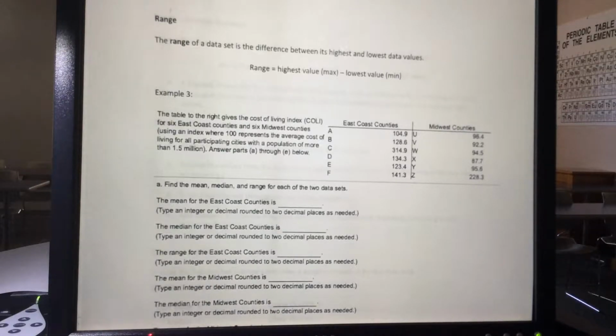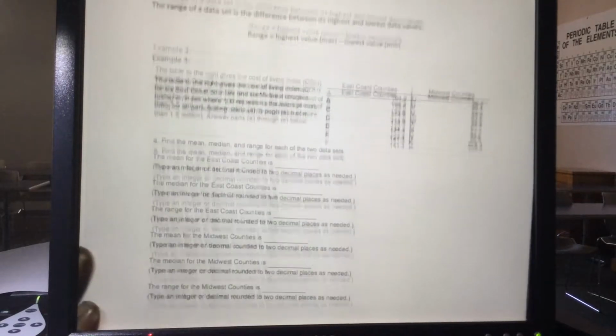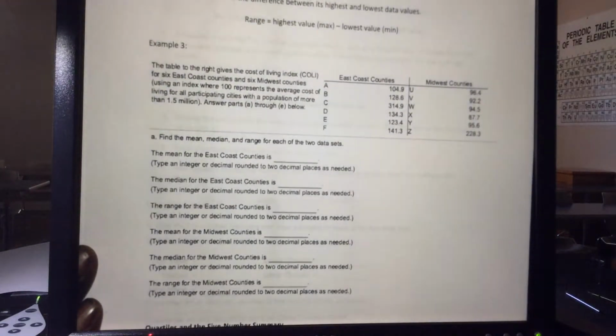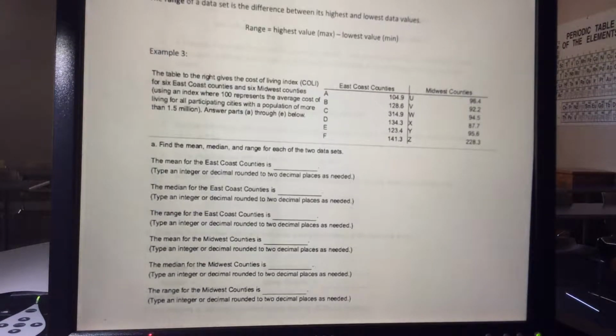So now in example 3, the table to the right gives the cost of living index for 6 East Coast counties and 6 Midwest counties, using an index where 100 represents the average cost of living for all participating cities with a population of more than 1.5 million.